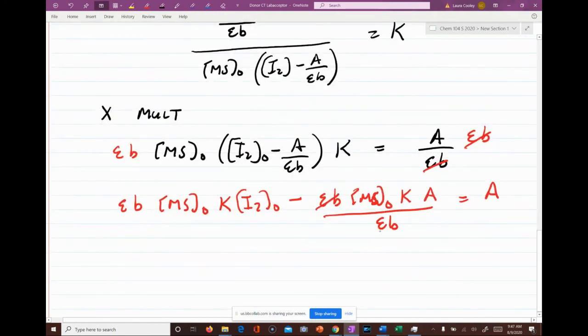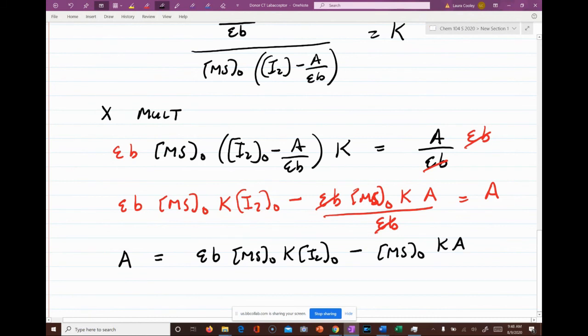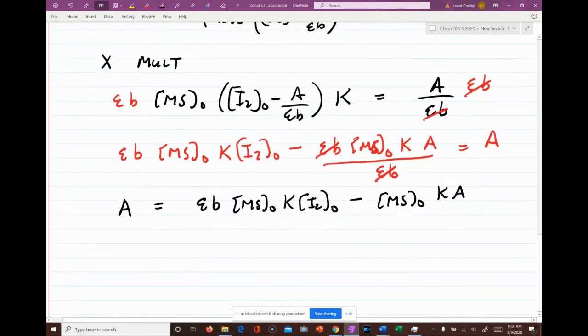I can cancel my nice EB. And so, yeah, I'm pretty much done. I'm just going to reverse the way I wrote this. Equals EB MS0 K I20 minus MS0 K A. Okay, I just rewrote it, putting the A on the left.